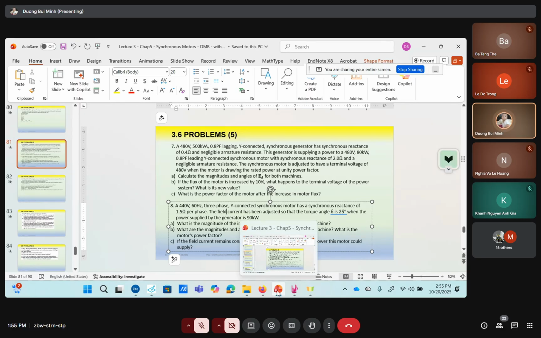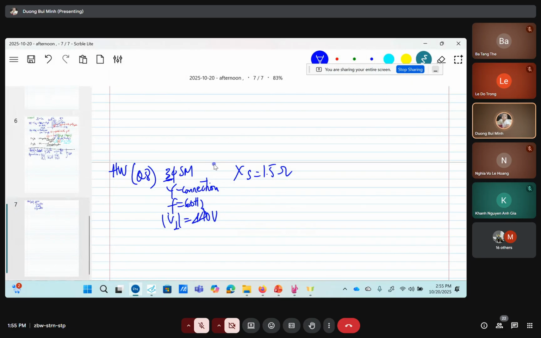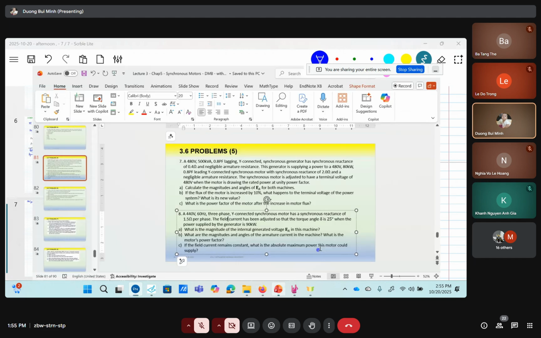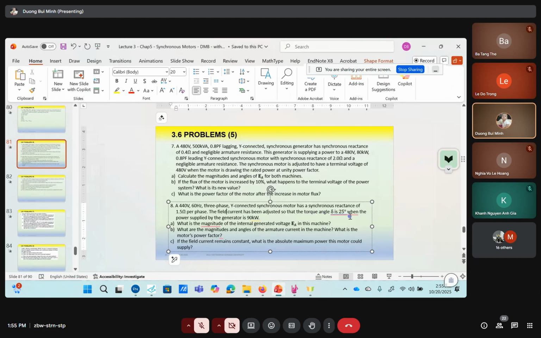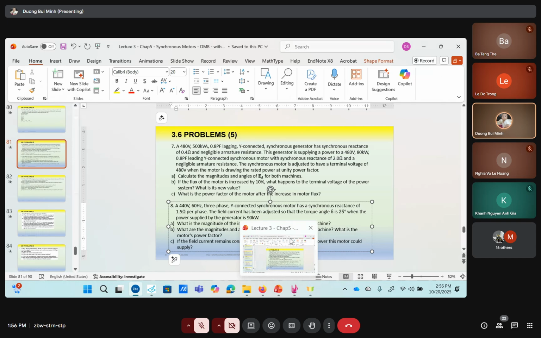So we don't know IF, but we know the torque angle is 25 degrees when the power supplied is 90 kilowatt. That means we have P in, right? We have P in.